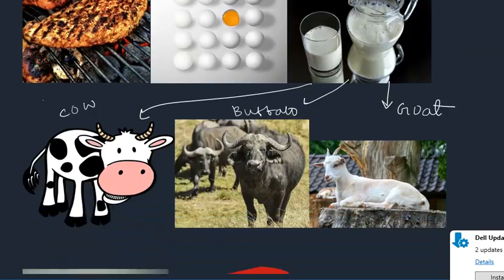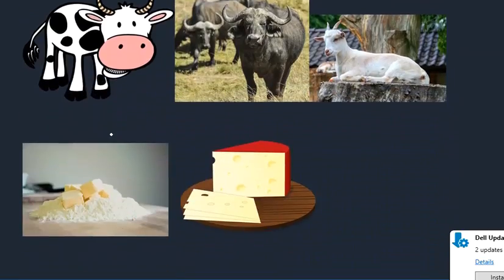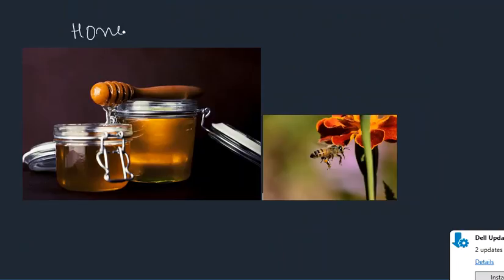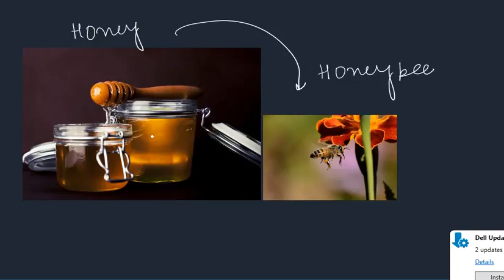Now the other items which can be obtained from the cow, other than milk, are butter, then cheese, plus curd. So these are the items which can be obtained from animals. Another item is honey, which is obtained from the honey bee. We'll see how it is obtained after some time. Now just remember that honey is obtained from the honey bee.